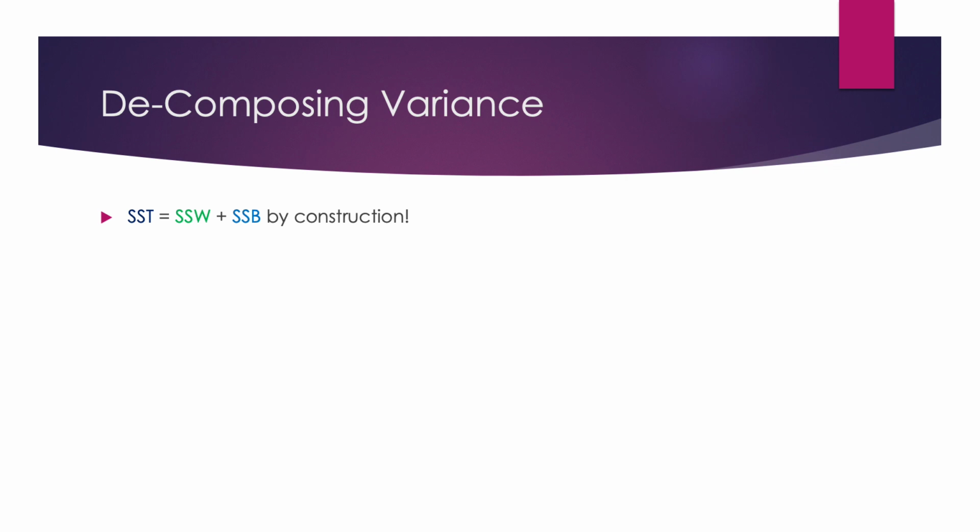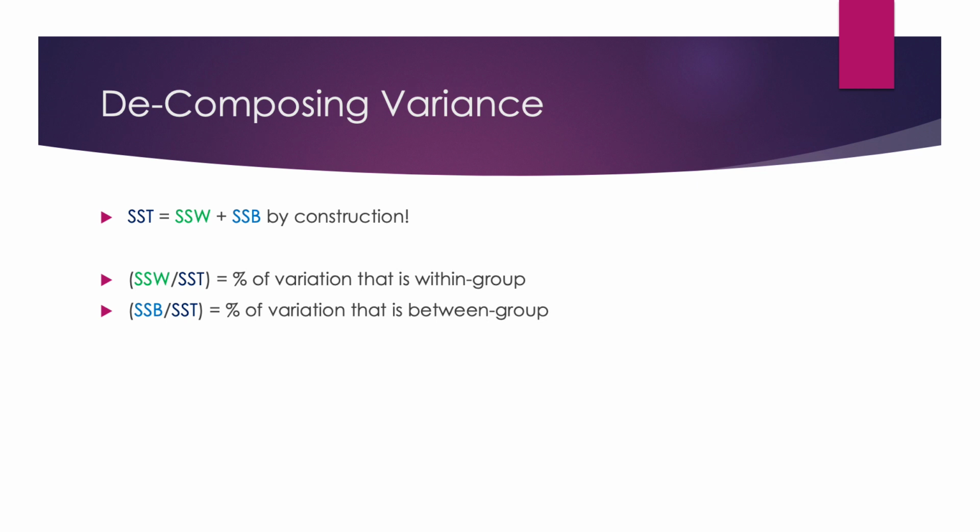The sum of squares total is equal to the sum of squares within and the sum of squares between by construction. So the sum of squares within divided by the total sum of squares is going to give us the percentage of variation that is within group, and the sum of squares between divided by the sum of squares total is going to give us the percentage of variation that occurs between the groups.